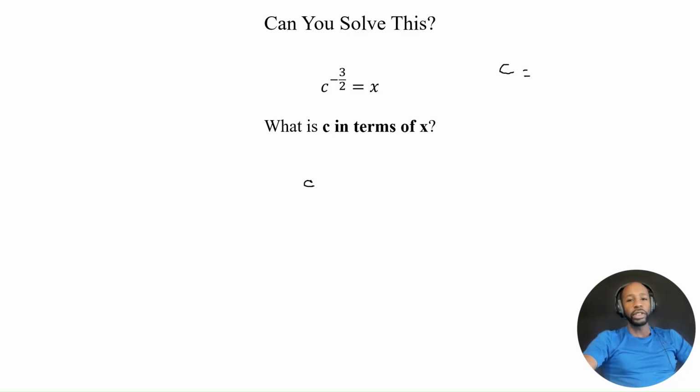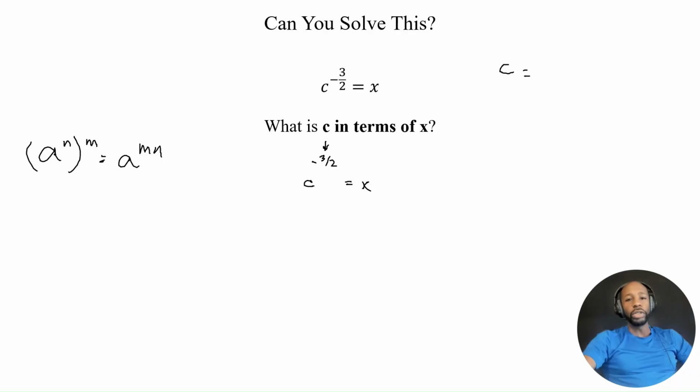Let's rewrite it first. So c to the negative 3 halves equals x. Now, to undo this negative 3 halves power, remember the exponent rule that if you have some number to a power and then you raise that to a power, it's the same as multiplying the exponents.